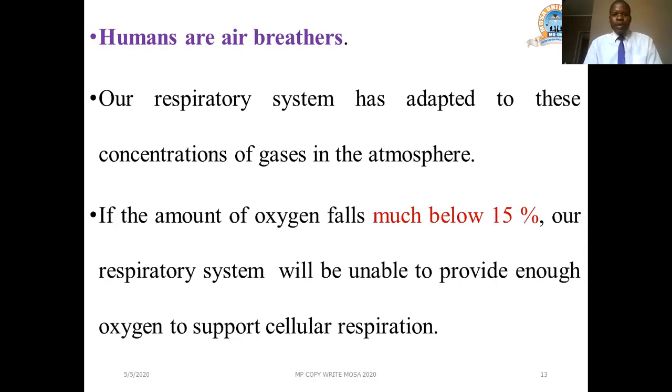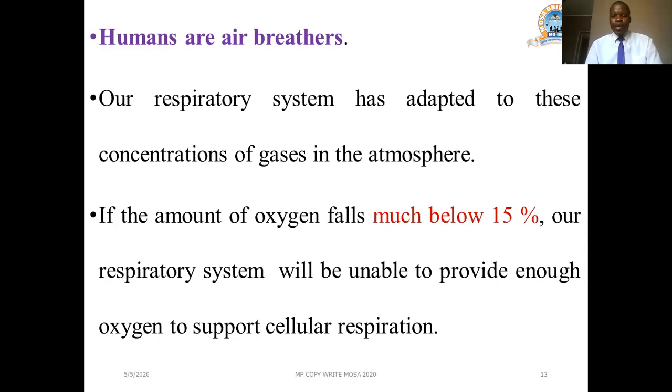If the amount of oxygen falls much below 15%, our respiratory system will be unable to provide enough oxygen to support cellular respiration. So I'm saying if in the air there's so much pollution, or there's less oxygen, we'll be unable to provide oxygen to our body tissues because of the reduction.